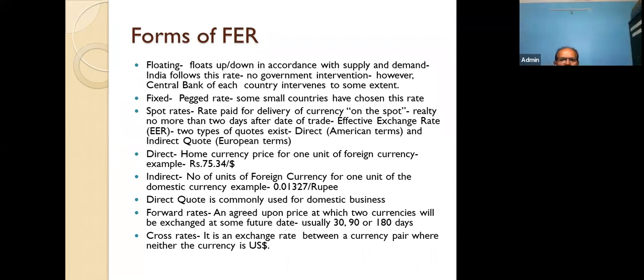Now, types of foreign exchange rate. The first type is floating. The name itself indicates floating, float. It means it is not stable. It is floating according to supply and demand. In economics, we know there is an inverse relationship between supply and demand, that we have learned in economics.